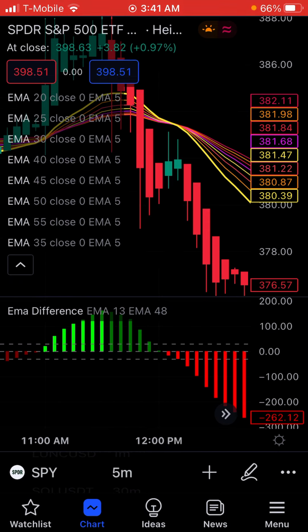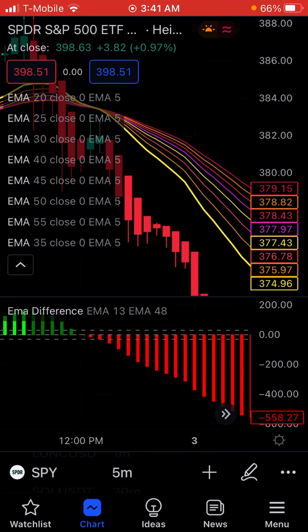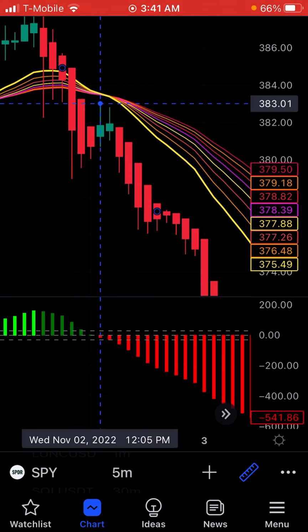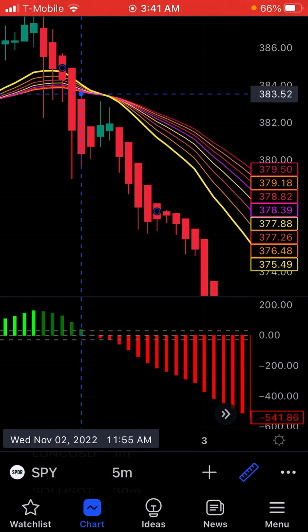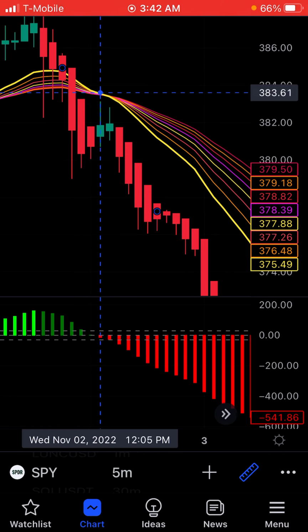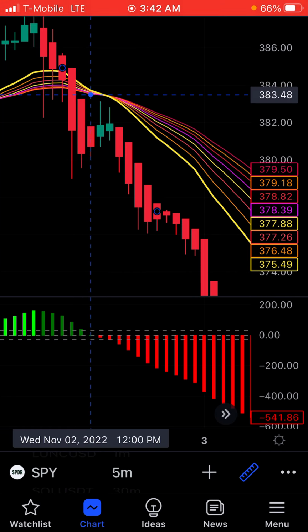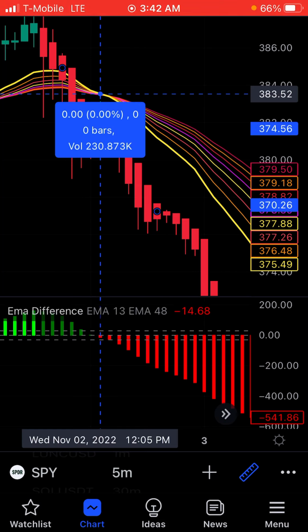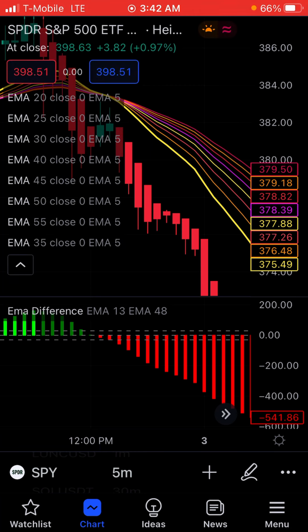So what we're going to do is get in around there. Right around here, we would get in. And if you want, you could draw a horizontal line right here to make it easier for yourself. Let's draw a horizontal line because it'll be my last one anyway.